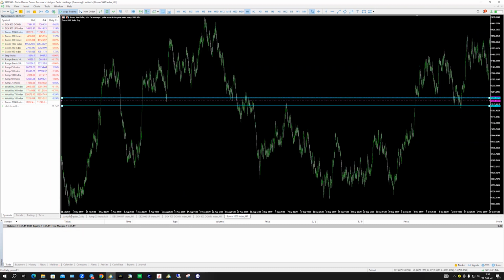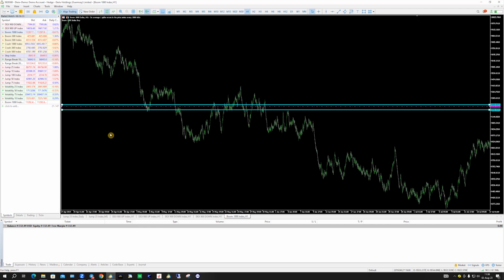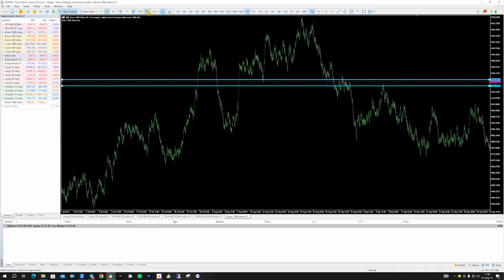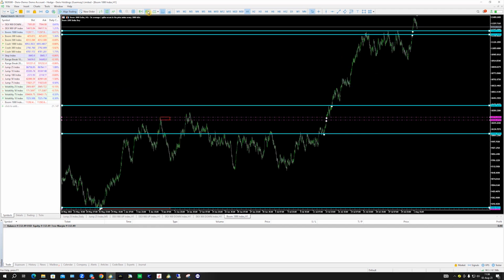This is 2019, guys. You can see the areas were tested and the market reversed, broke. So this is to prove to you that the indicator can give not the current support or resistance, but the resistance or support from the history.